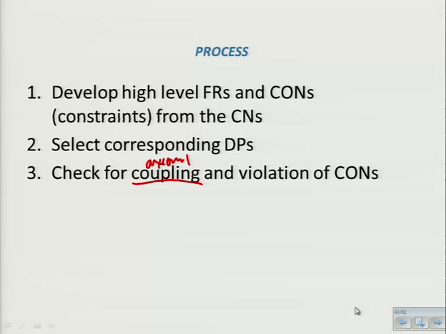Then go to the next level. So when you go to review a design, here are the steps. You develop the DPs at the same level. Then you check for coupling, and we'll look at this in more detail. Coupling is checking to see if the design complies with axiom 1.